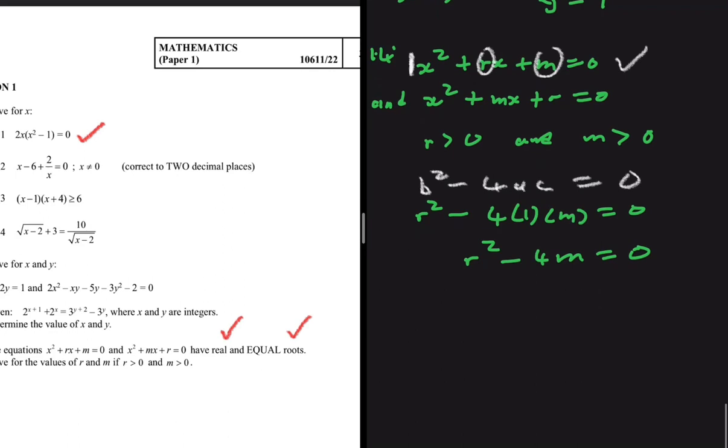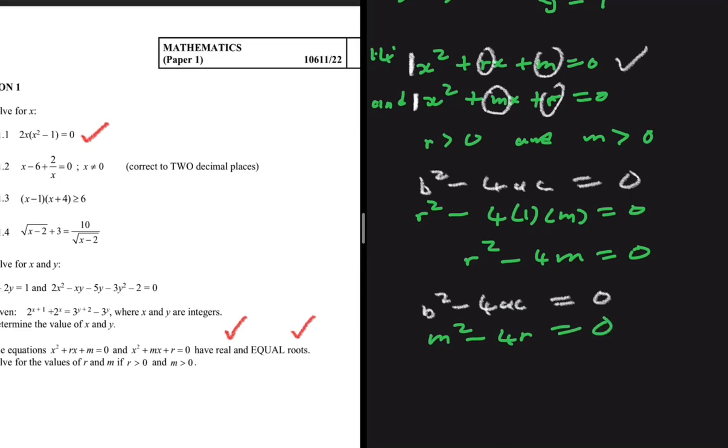On the second equation, again, we're saying that b squared minus 4ac is equal to 0. The value of a is still 1, but here the value of b is m, and the value of c is r. So in this case, we are going to have m squared minus 4r is equal to 0.